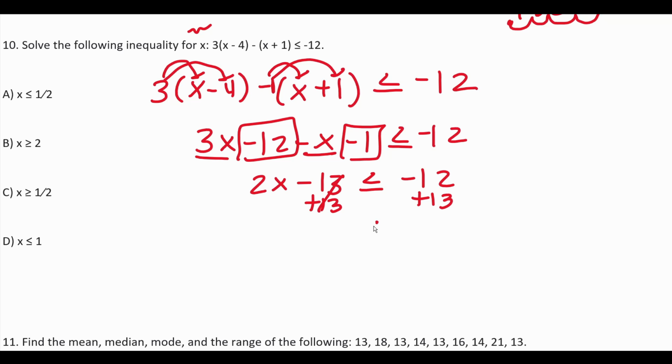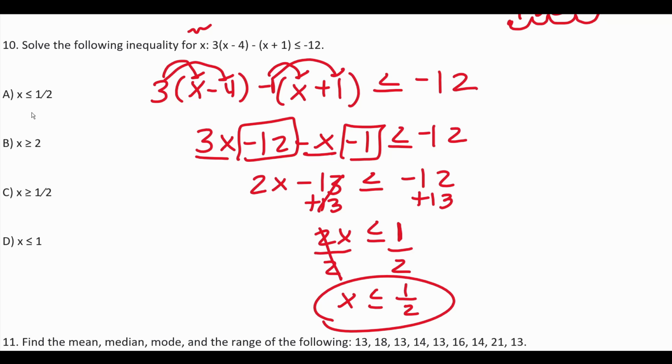This crosses out here, leaving you with 2x less than or equal to negative 12 plus 13, which is just 1. And we're going to divide by a positive across the inequality sign, so it's not going to change its direction. This crosses out here, leaving you with x is less than or equal to 1/2, which is answer choice A.